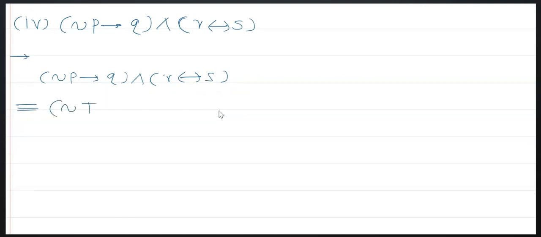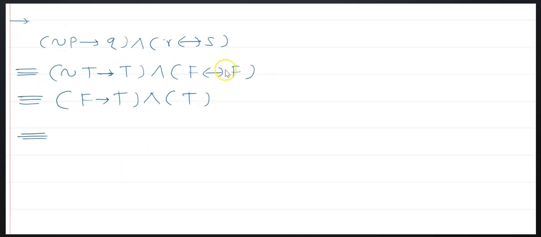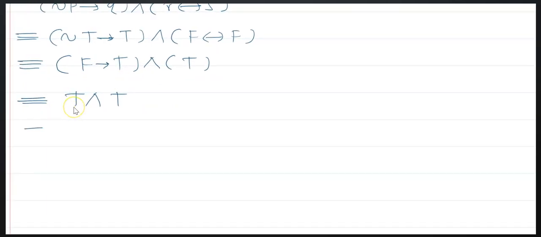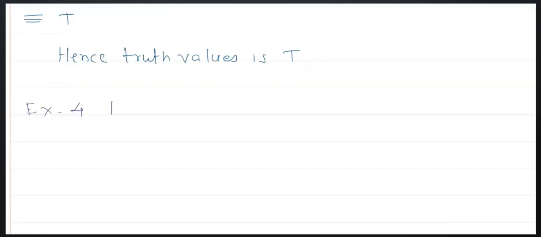Now again P is T, Q is T, and both of them are F and F double implication F, therefore it is true. Now this will be F implies T, therefore it is T. Double implication, same, therefore it is true. And here is F implies T, therefore it is true. Both of them are same, therefore it is true. T and T: for the AND table, if both of them are true, then it is true, otherwise false. This you have to remember, that trick. Hence, the truth value is T.